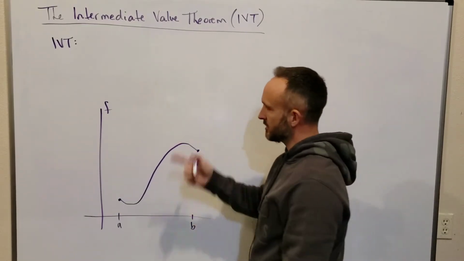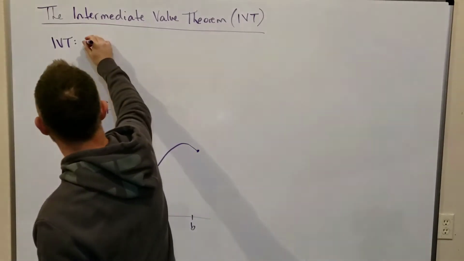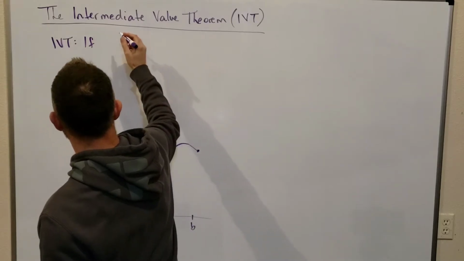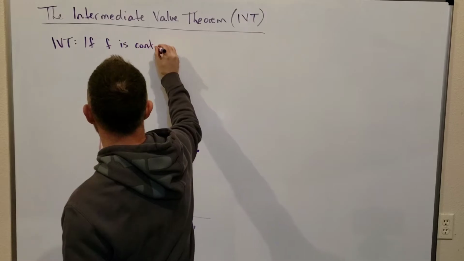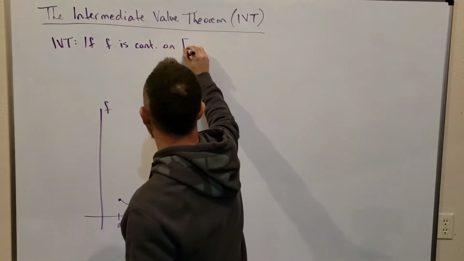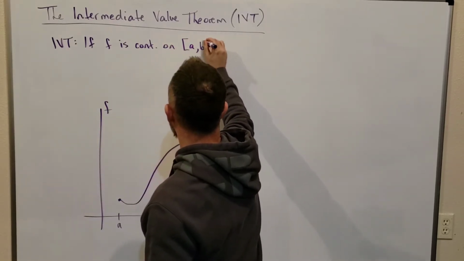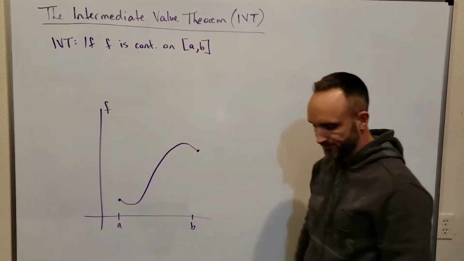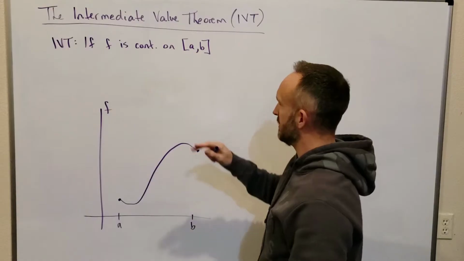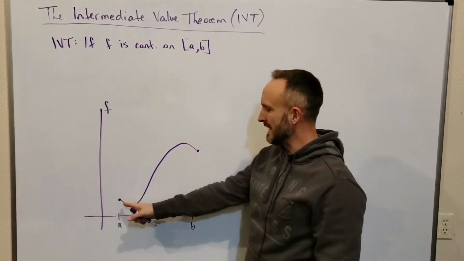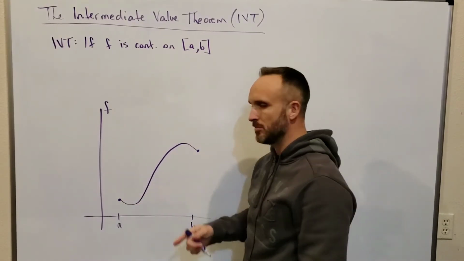Okay, so let's start by writing that in the IVT. If f is continuous on the closed interval from a to b, so we have that. And a subtle piece of the intermediate value theorem is that you don't want the outputs of the endpoints to be the same.